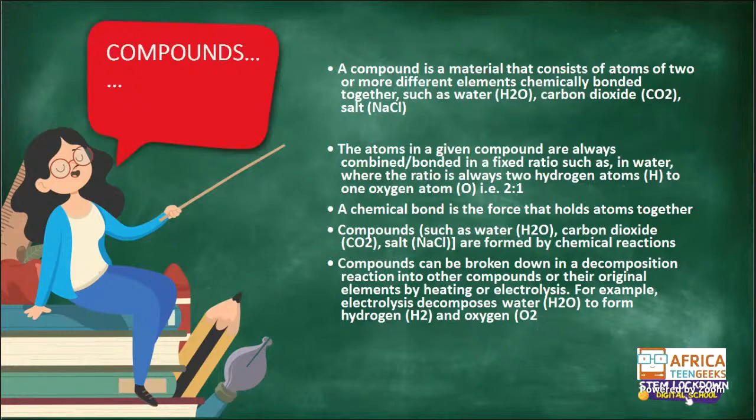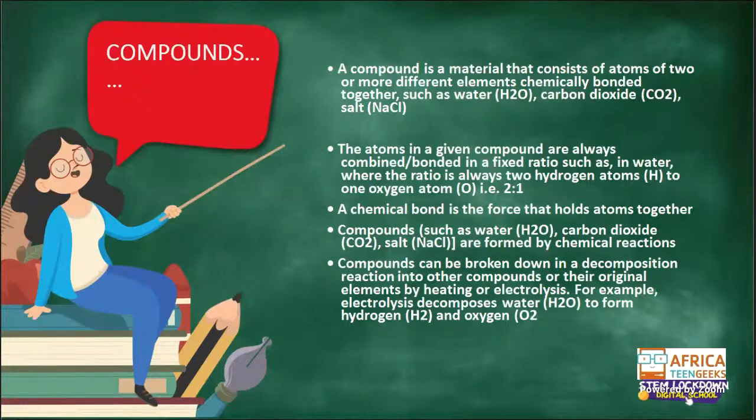Now let's continue. The atoms in a given compound are always combined or bonded in a fixed ratio, such as in water, where the ratio is always two hydrogen atoms reacting with what? One oxygen atom. The chemical formula for water is H2O. It means we have two atoms of hydrogen and one atom of oxygen.